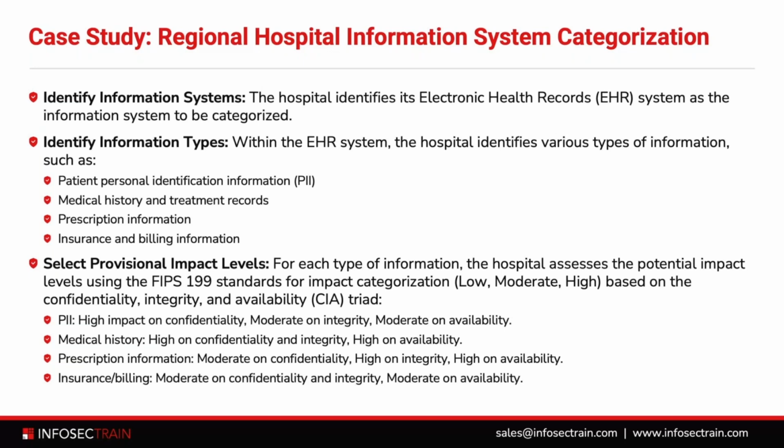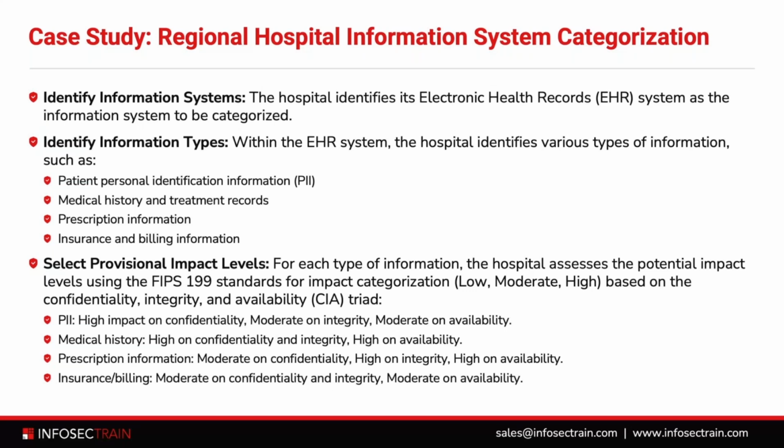Select provisional impact levels. For each type of information, the potential impact is assessed using the FIPS 199 standards for impact categorization: low, moderate, high, based upon the confidentiality, integrity, and availability triad. For PII, high impact on confidentiality, moderate on integrity, and moderate on availability.